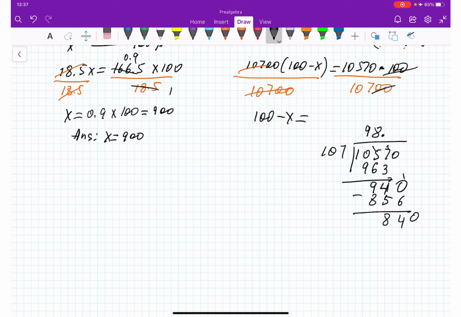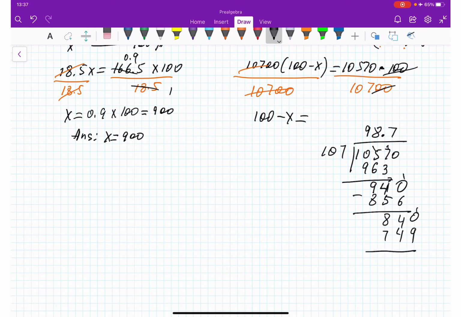So 840. How much is it going to be if we divide 840 by 107? 98.8. Okay, let's see. 8 times 7 is 56, 8 is too much, so 7. 7 times 7 is 49, and 7 times 1 is 7.